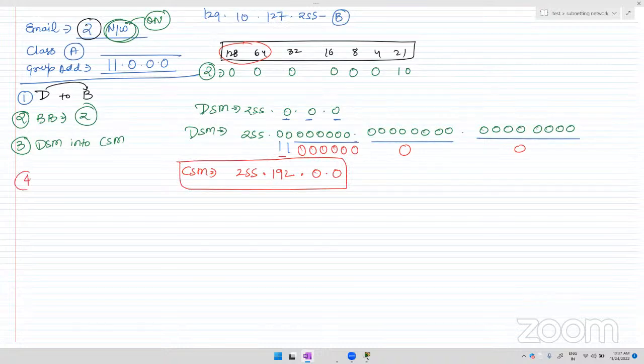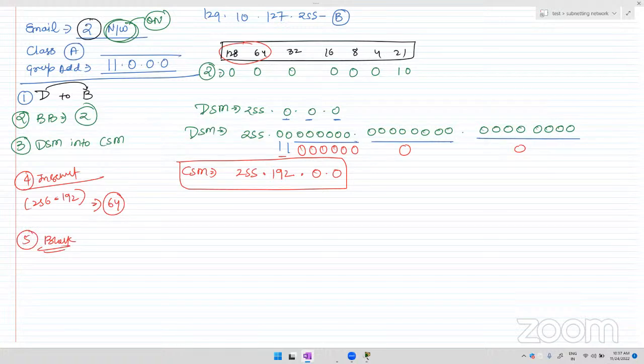Now the fourth task: increment. 256 minus 192. In your subnet mask, which octet is not fulfilled? Second. Very good. And how many values come out? 64. Okay, now good. Math is good.